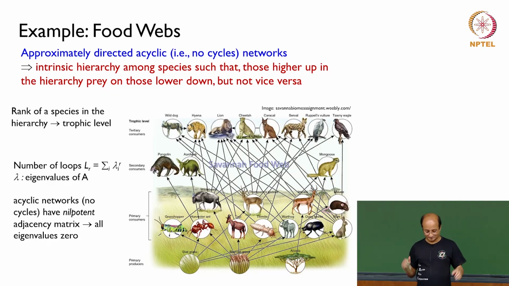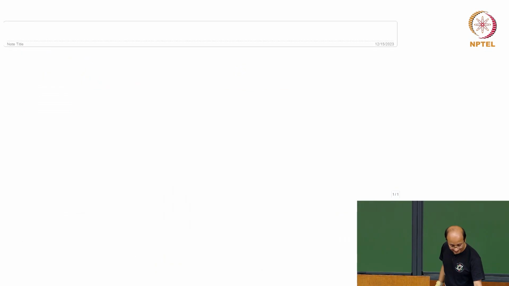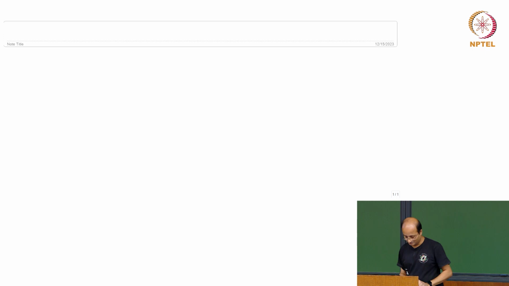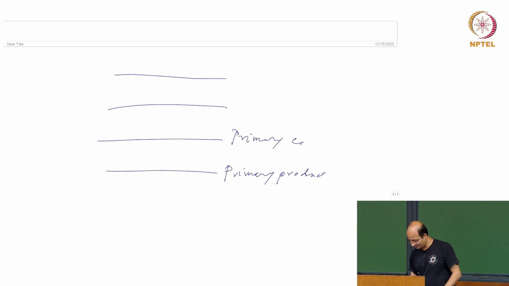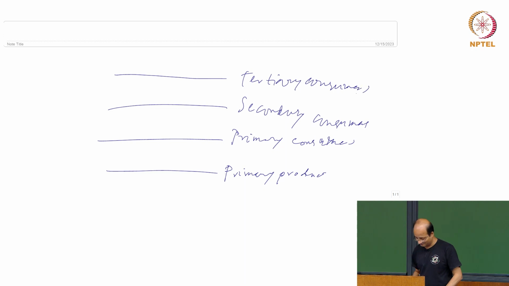Okay. So if you look at an ecosystem, typically you find that, so this is essentially the primary producers or plants, then the primary consumers, so this is sheep or whatever, rabbits, then you got wolves or something else which feeds on them, and then you got tertiary consumers, those who feed on the secondary consumers, and so on.